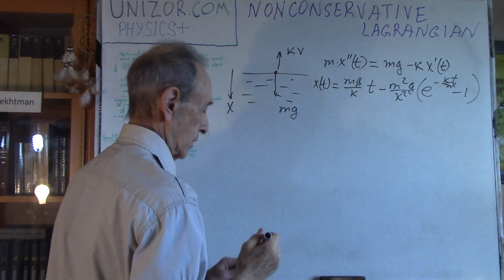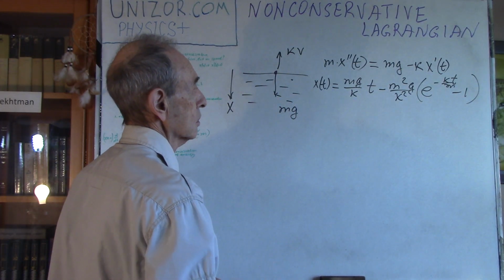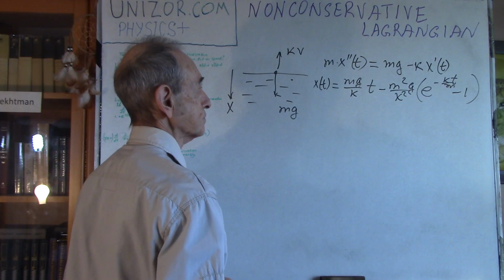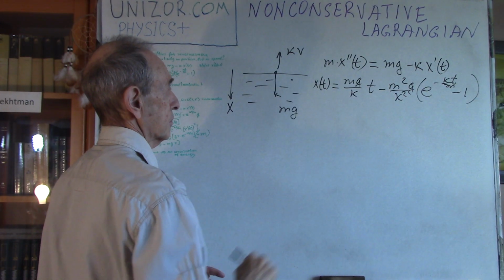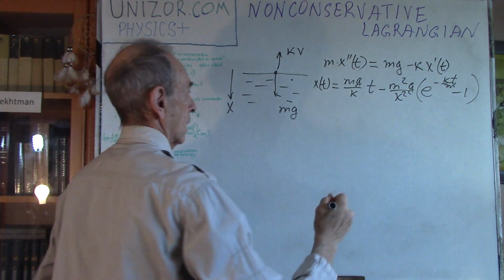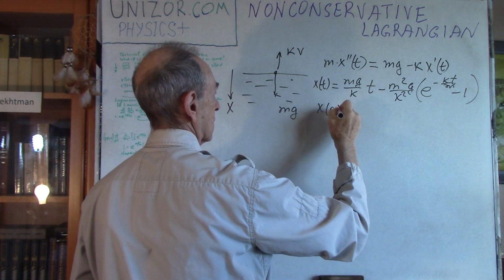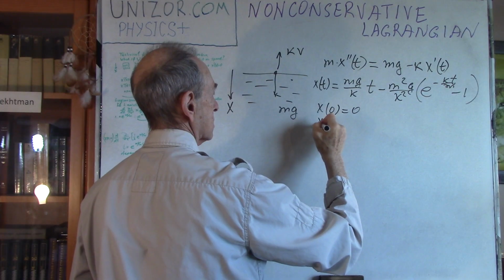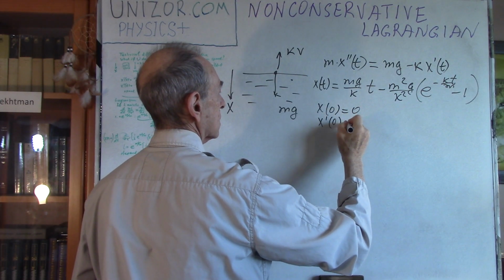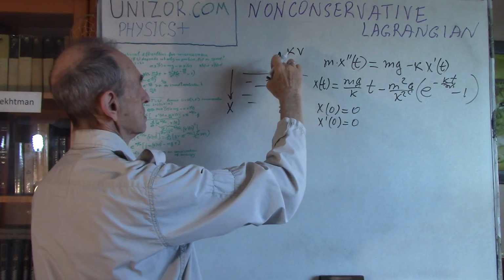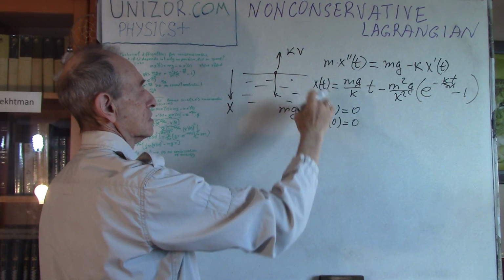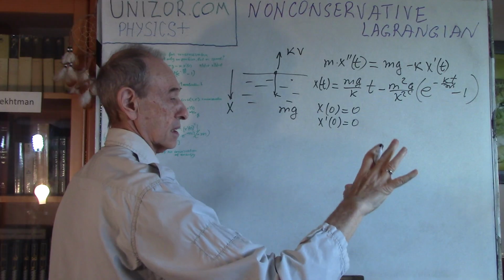Well, it's a rather complex formula, but look, it satisfies this equation, and it satisfies x of 0 is equal to 0, and speed at time 0 is equal to 0. My position is on the surface, and there is no speed, so I just put it there and let it go.